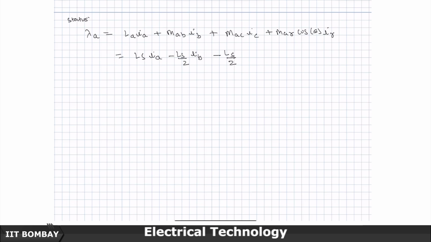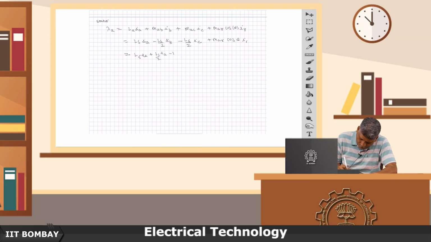It comes from the fact that cos 120 degrees is basically minus sin 30 degrees, which is minus 1 by 2. Minus of IC, minus of IC plus MAR cos theta IR. Now, let us add and subtract Ls by 2 IA.